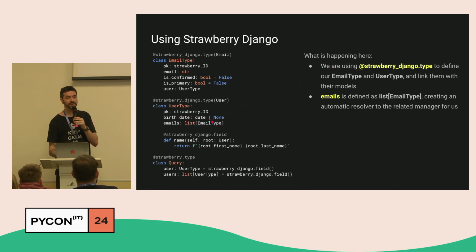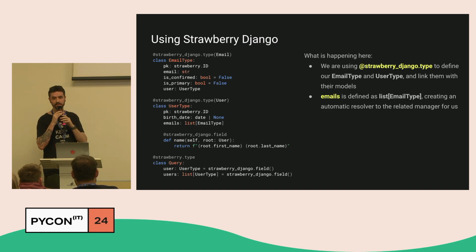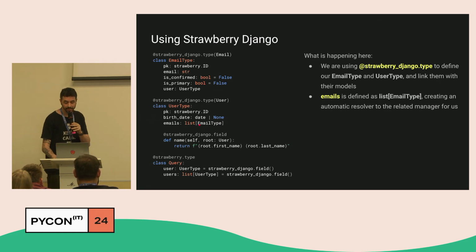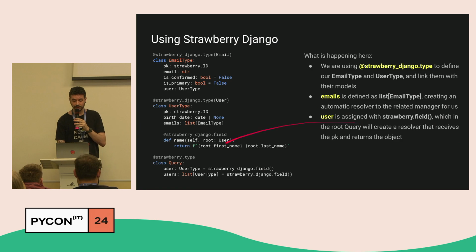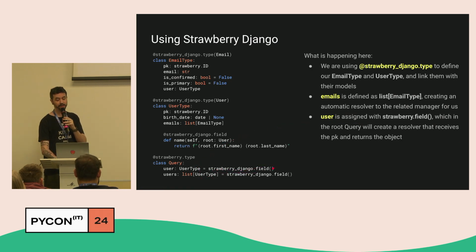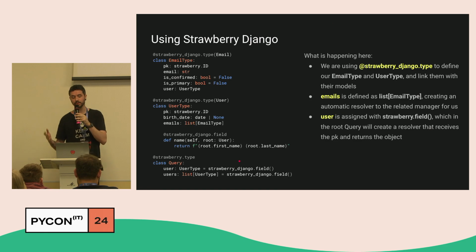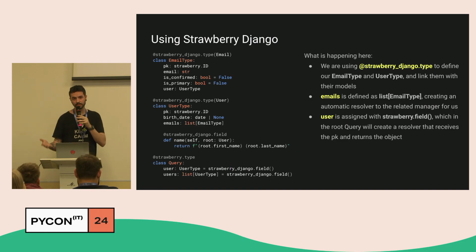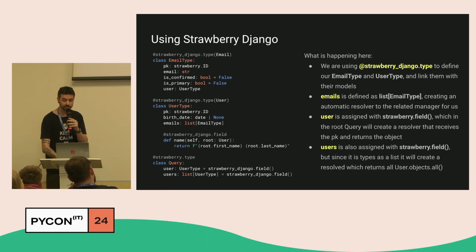So you can see that we don't have a resolver anymore. We don't have a function that will do email.objects.filter to do the listing anymore. Strawberry Django will basically create a resolver for you that by default will resolve this into a list using the relation itself. The user is assigned to a strawberry_django.field, which, when it's exposed like this, will automatically create a resolver that receives a primary key, and you can resolve the user given its primary key, and the same for the users.